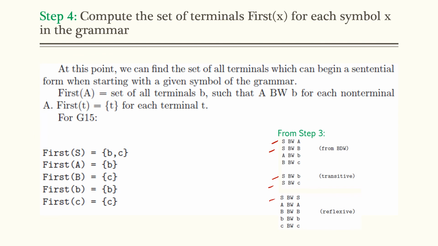So these are the ones that we are interested in: S goes to B and S goes to begin with C. So first S is the set of B and C as terminals.